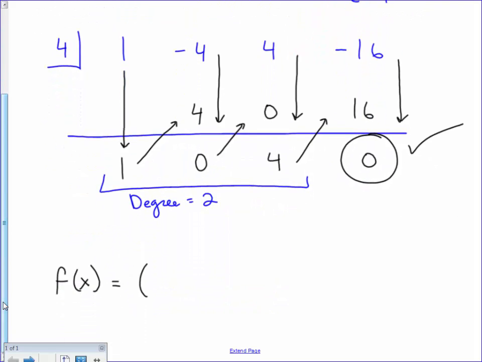X minus 4 was my divisor, and then times. Here I'm looking for the quotient, so it would be 1x to the second, 0x, and then plus 4, and then obviously remainder 0, so I don't have to write that part.